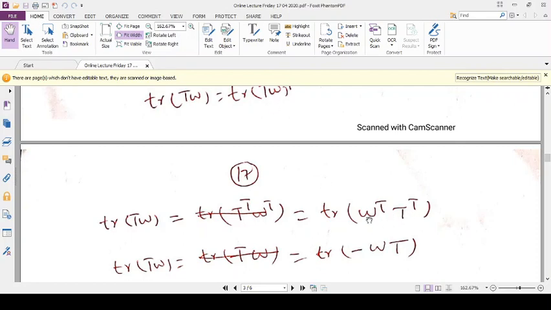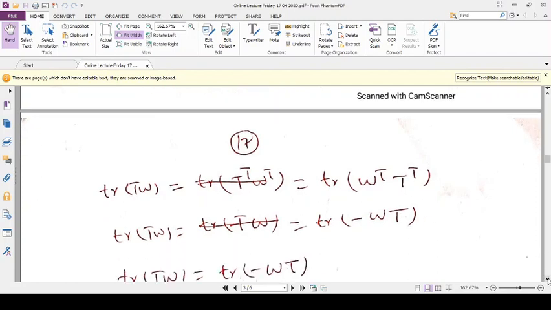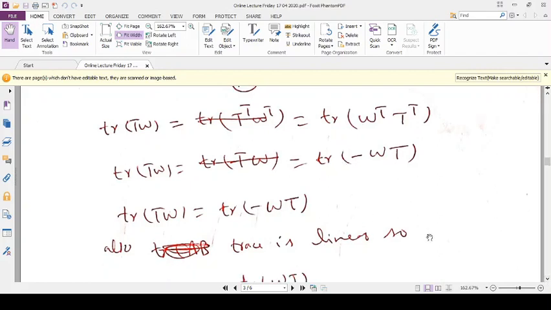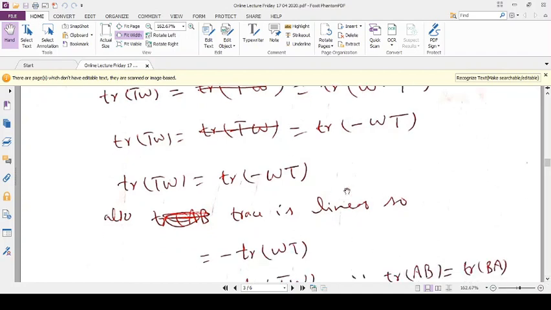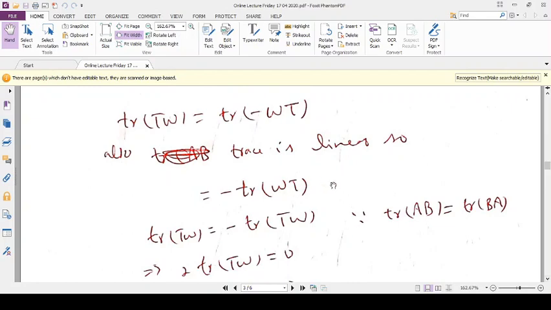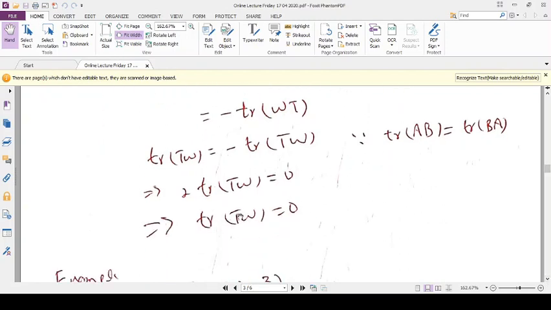Then we know that W is antisymmetric, so this will be minus W, and T is symmetric, this is T. Again we know that trace is linear, so because of the linearity property we can write the minus outside: minus trace of WT. And trace of WT equals trace of TW, because we know that trace of AB equals trace of BA. The order doesn't matter, the trace remains the same. So trace of TW equals 0.